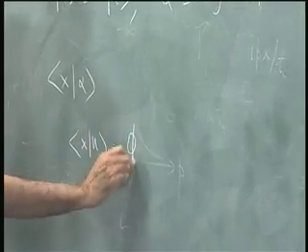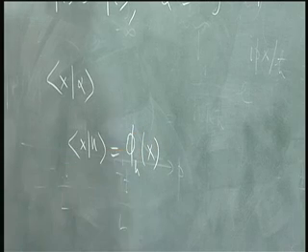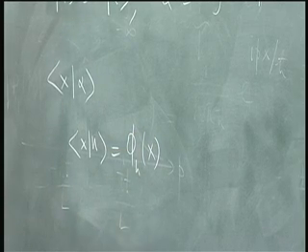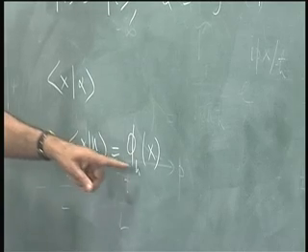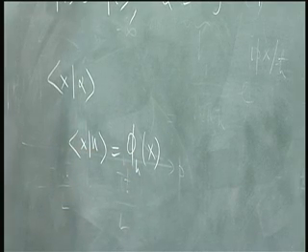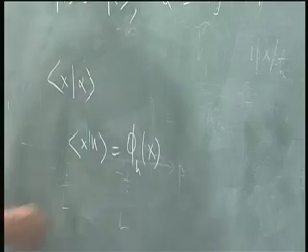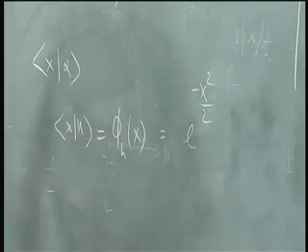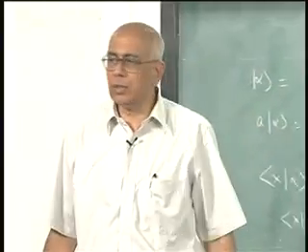This is just, by definition, phi n of x, the normalized eigenfunction in the position basis. And what is this equal to for the harmonic oscillator? Yes, there is a Gaussian, so this is equal to e to the minus x squared over 2 in suitable units, in units of h cross over m omega.